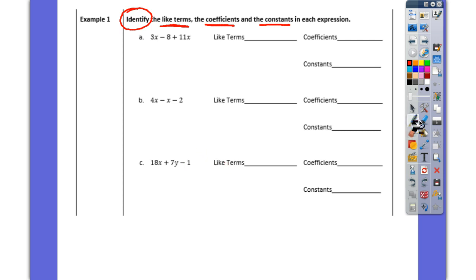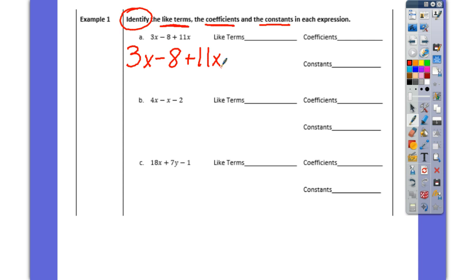All right, so let's talk about letter A, this expression. I'm going to write it a little bigger. 3x minus 8 plus 11x. In that expression, first of all, it doesn't ask us this, but how many terms are in that expression? There are 3, and here's what I want you to do. I want you to circle the 3 terms, and make sure you circle the sign in front of them that goes with it.